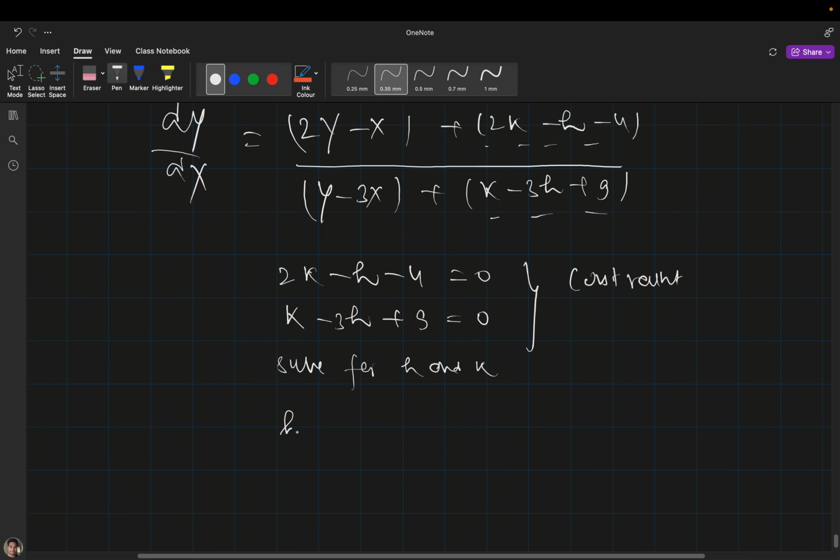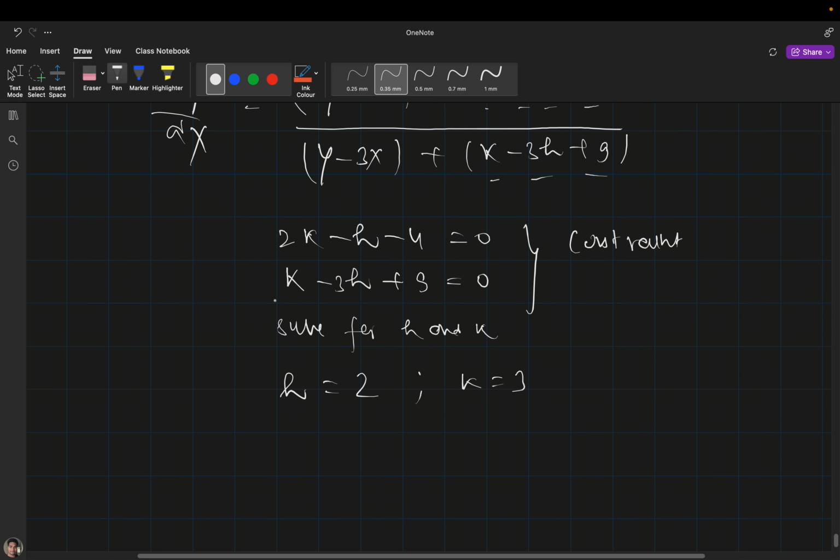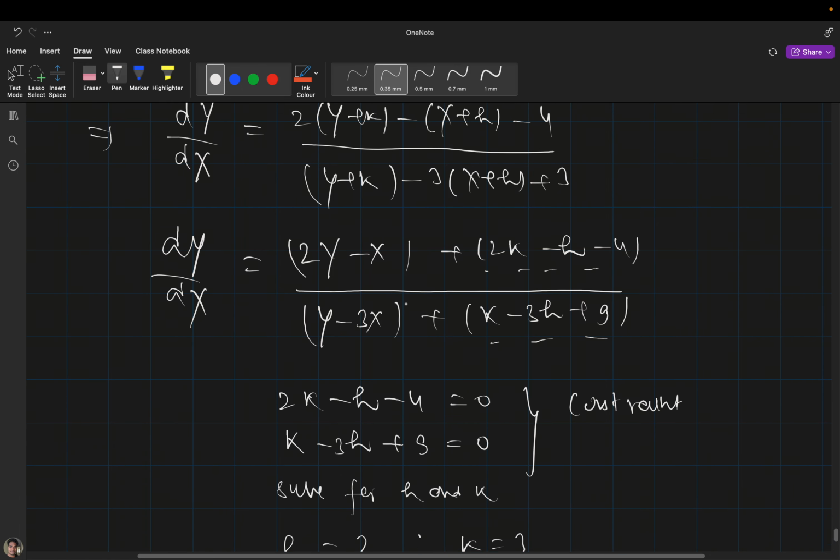You will get h as what? You will see, you will get h as 2 and k equal to 3. It will satisfy 4 minus 3, no sorry, 6 to 4, right? And here also 3 minus 6, yeah. It's not satisfying, no?